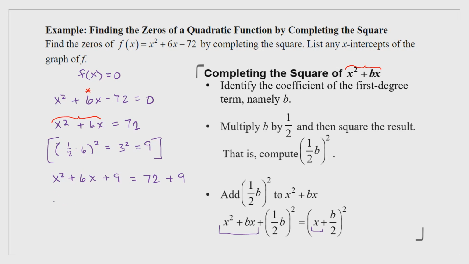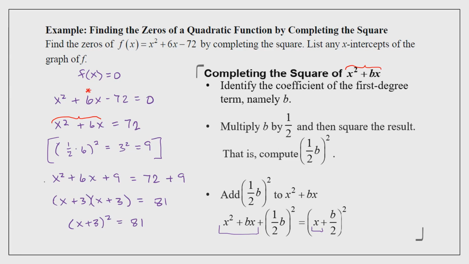In writing this in factored form, we need two values that multiply to get us 9 and add to get us 6, and that's going to be 3. Then 72 plus 9 is going to get us 81. So this is the same thing as x plus 3 squared equals 81.